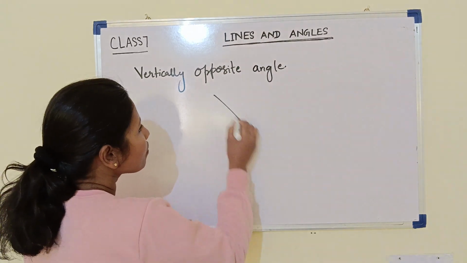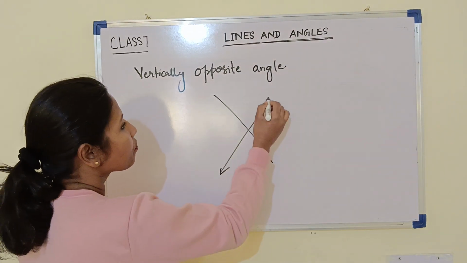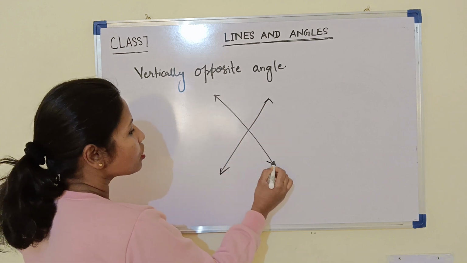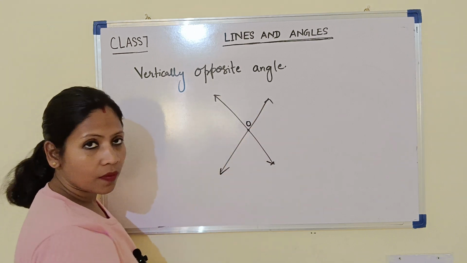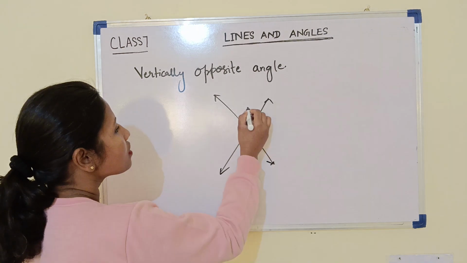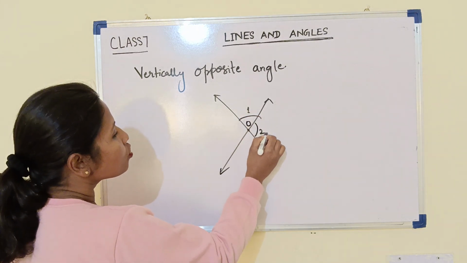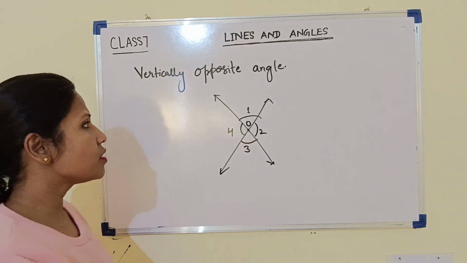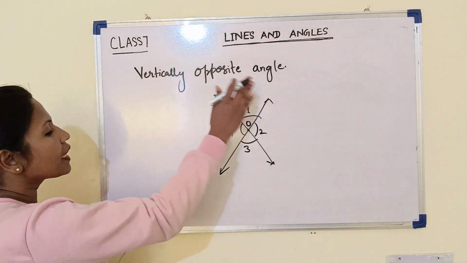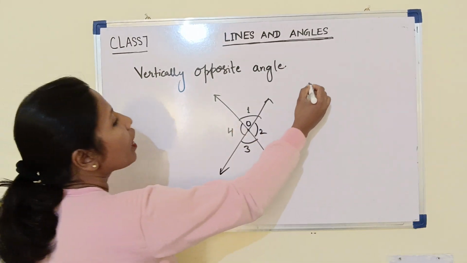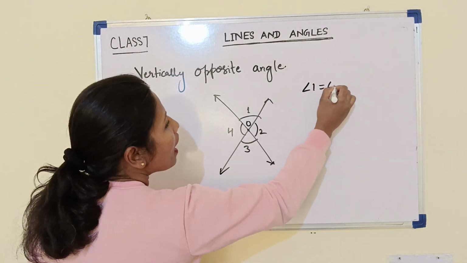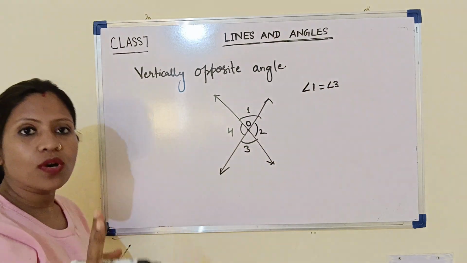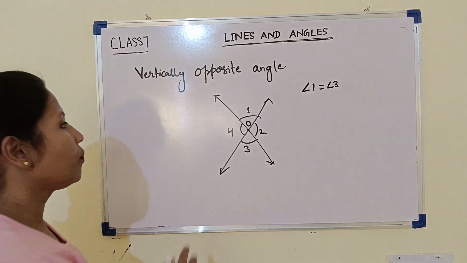Like if two lines are intersecting each other at point O, okay, then suppose this is angle 1, this is 2, this is 3 and this is 4. It's very easy, just you have to remember. So vertically opposite. So angle 1 will be opposite to angle 3 and these two angles will be equal.